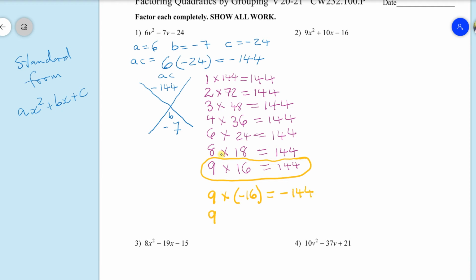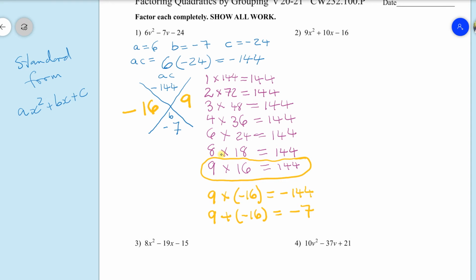If I add 9 plus negative 16, notice I'll get what? Negative 7. Negative 7, and that's what I want. Because that's what I want, I'm going to put these in right here. Negative 16 and 9. If only one is negative, it's best you put it first.